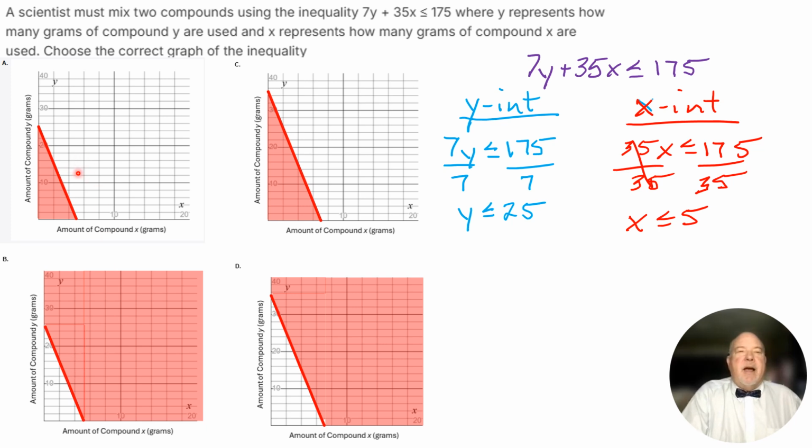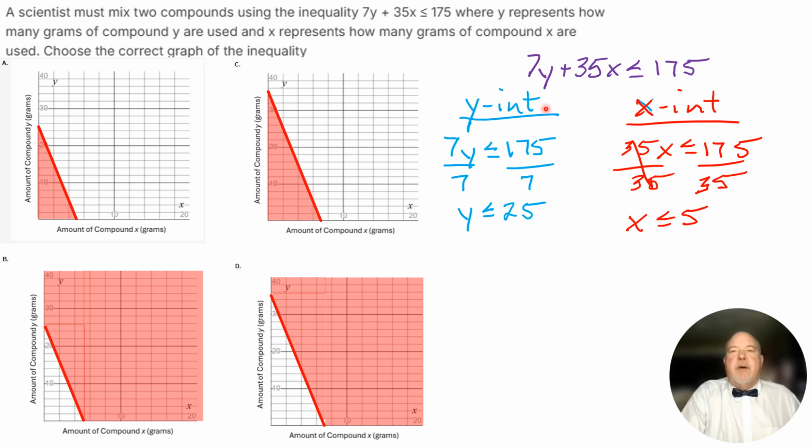All right, so now how do we figure out which of these is the correct shading? Well, I'll show you kind of the long way and then I'll show you the short way. In general, when you have an inequality and you're trying to figure out which side to shade on, what you want to do is take a point on the graph and plug it in for x and y and see if it's a solution. Now, the easiest point to pick is usually 0, 0.